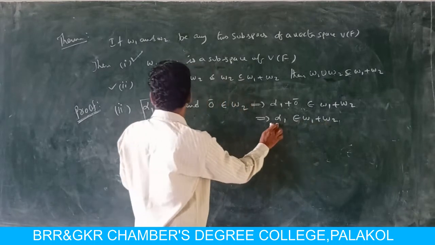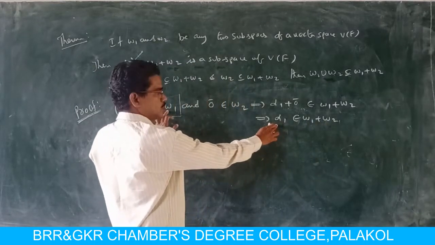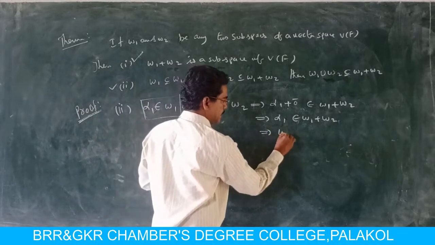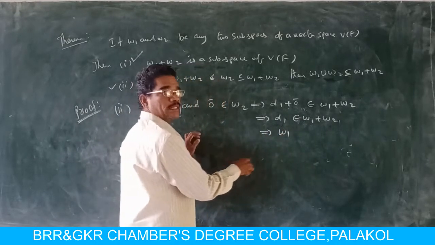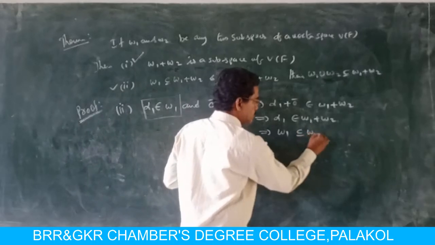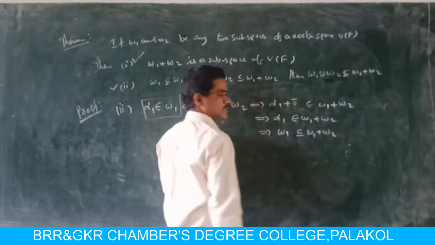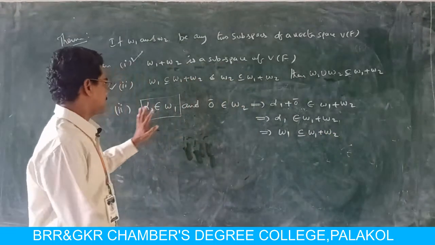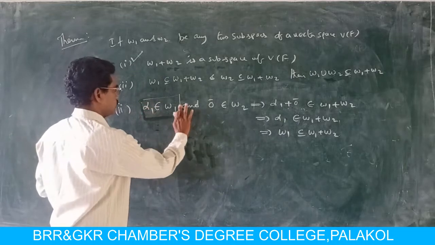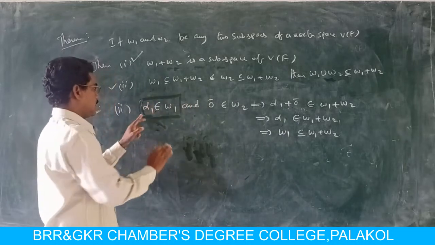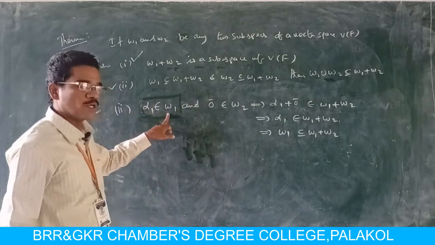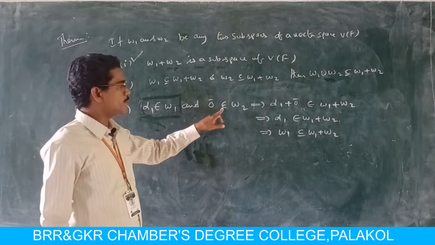So alpha 1 belongs to W1 implies W1 is a subset of W1 plus W2. Once again, alpha 1 belongs to W1 and 0 bar belongs to W2.